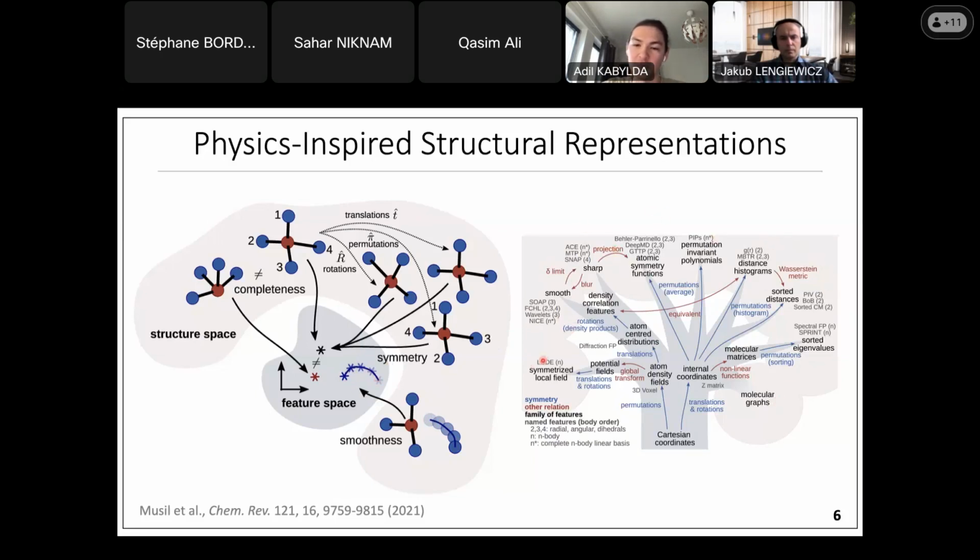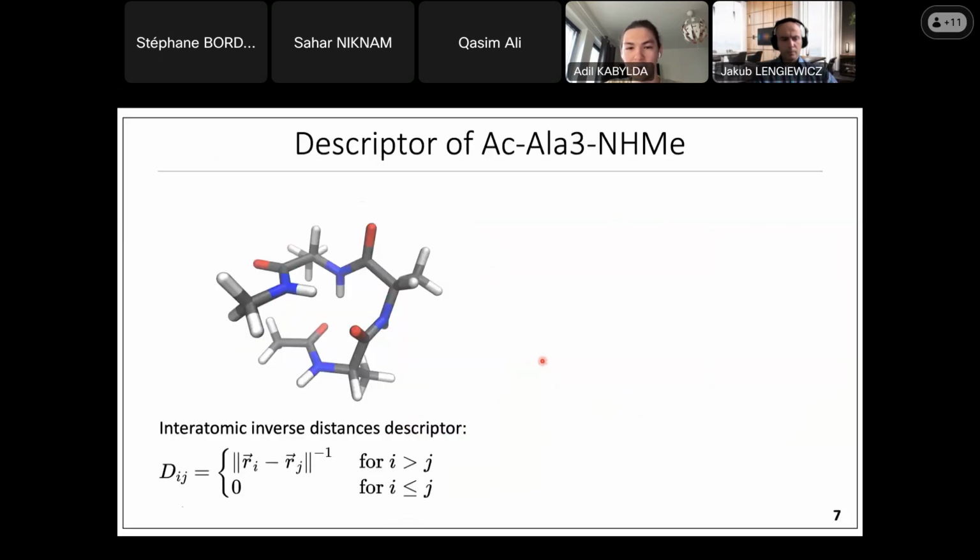This graph is just to say that there are a lot of different ways to represent a molecule that preserve all these symmetries. In the following work, we will use one of the simple descriptors, called the inverse interatomic distance descriptor, which is basically all inverse interatomic distances in the molecule.